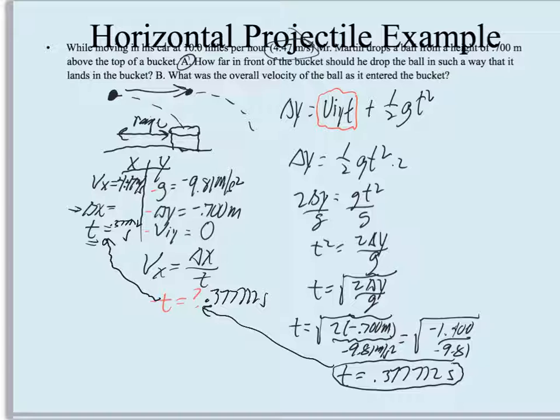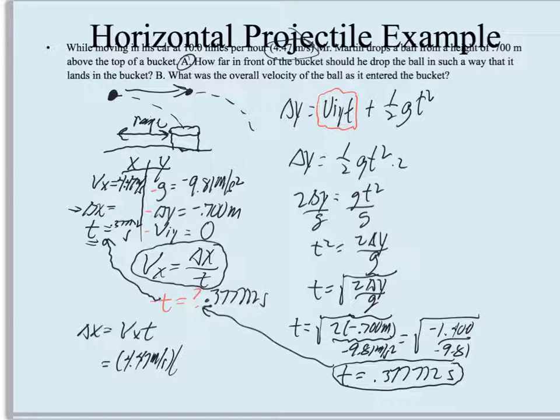So what formula did we write earlier? We had this one. Vx equals delta x over t. So let's rearrange that and solve for delta x. Delta x equals Vx times t. Well, Vx was given. It was 4.47 meters per second.